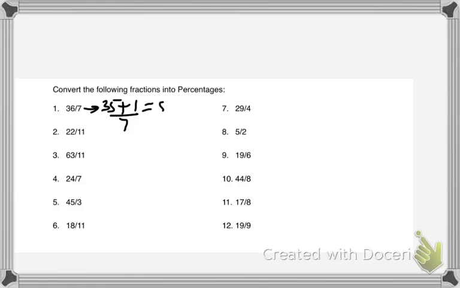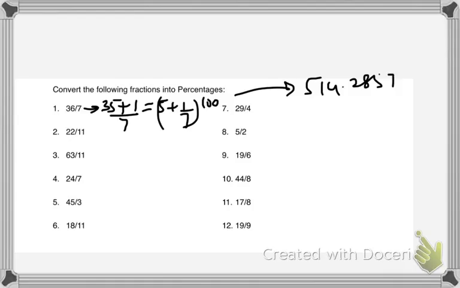We split the numerator, and what we'll get is 5 plus 1 by 7. Now we multiply this by 100, and what we'll get is 500 plus 1 by 7 in terms of percentage, 14.2857. So overall what we'll get is 514.2857 as the equivalent percentage of 36 by 7.